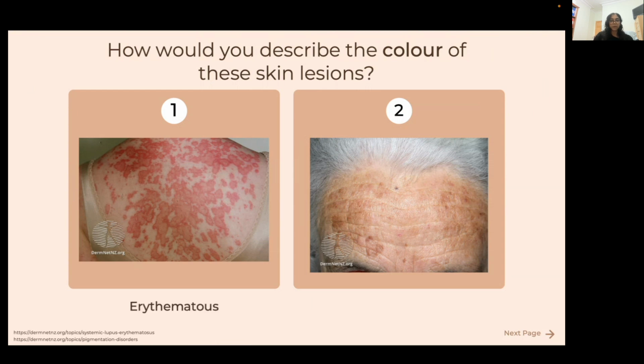Nice, well done. I agree, erythematous, so it's clearly quite red in color. We describe that as erythematous. And hyperpigmented, so it's a darker pigment than the surrounding skin. It's that dark brown color. We describe that as hyperpigmented. Well done.